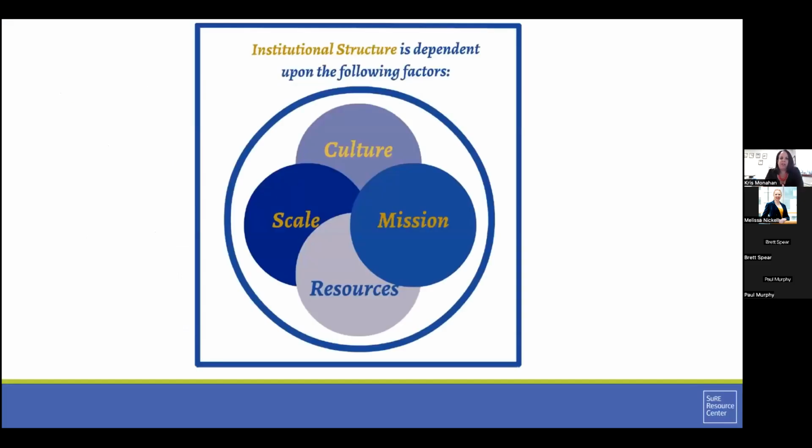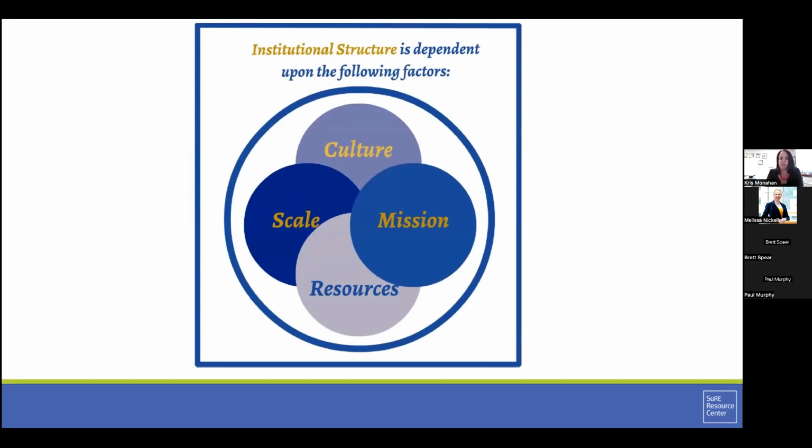The structure of an office, where it sits, how you put it together, really conceptually fits into these 4 areas. That's the mission of your institution. Are you an emerging research institution? Are you teaching focused? Are you just focused on nursing or a professional area?